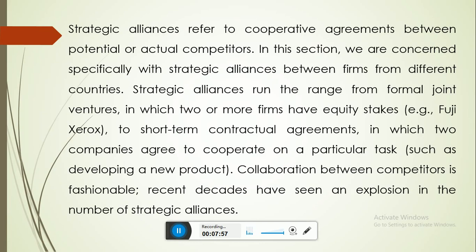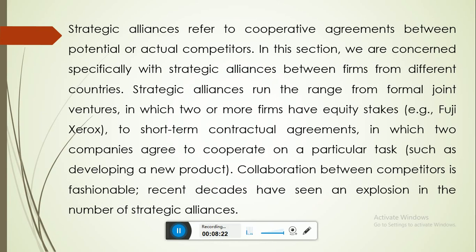So now let's come back to what we have discussed: strategic alliances. A company joins hands with another company in another part of the world. For example, a company based in the United Arab Emirates is working together with a company based in China, America, the USA, Africa, Asia or Turkey, any part of the world.